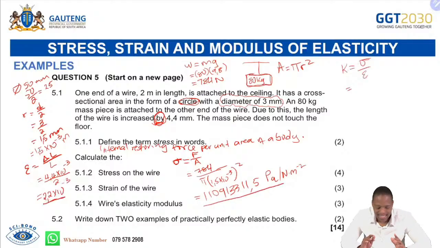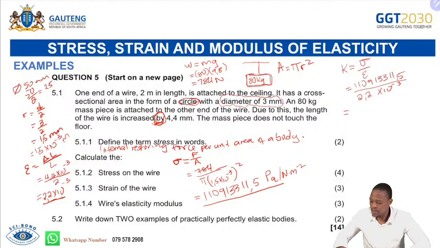Even if you realized that there was a mistake somewhere here, if maybe there was no time for you to fix that mistake, use those values, okay? Don't try to change things, all right? So the stress here is 1109,13311.5 over 2.2 times 10 to the power minus 3. And then this, again, I expect is going to be a big number as well.